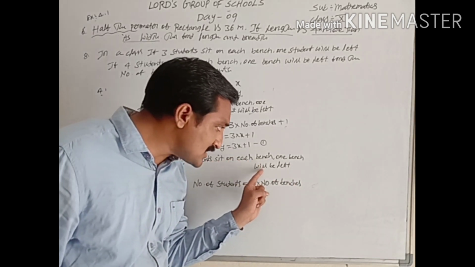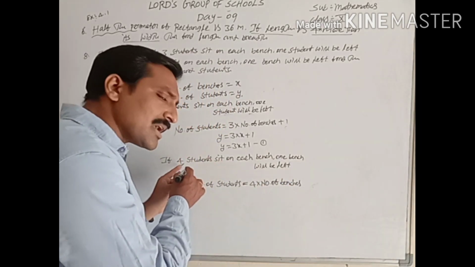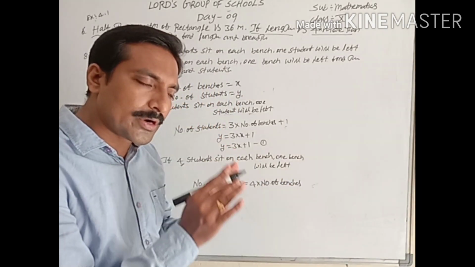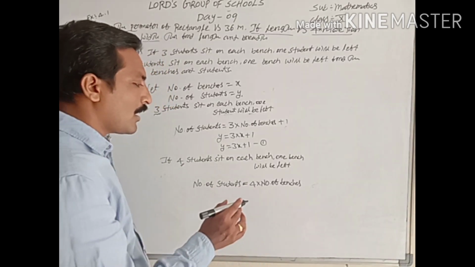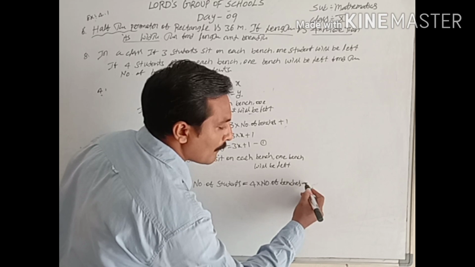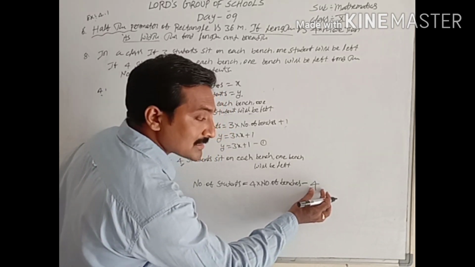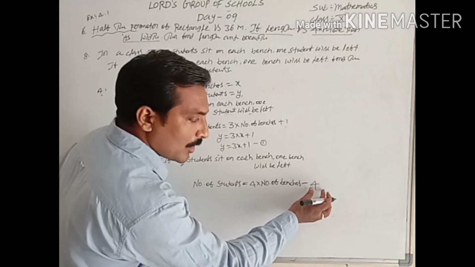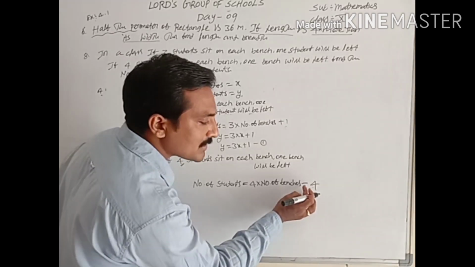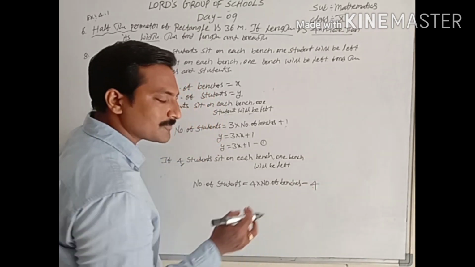Here 1 bench will be left, and in each bench 4 students are sitting. So 4 members are not there, that's why the bench is left. Not there means less, and less means minus. One bench means 4 students, that's why minus 4.